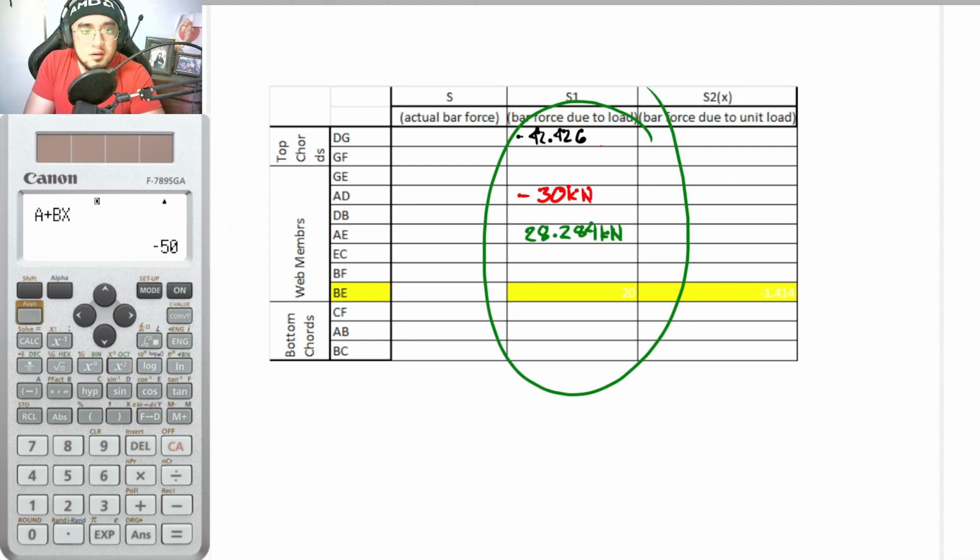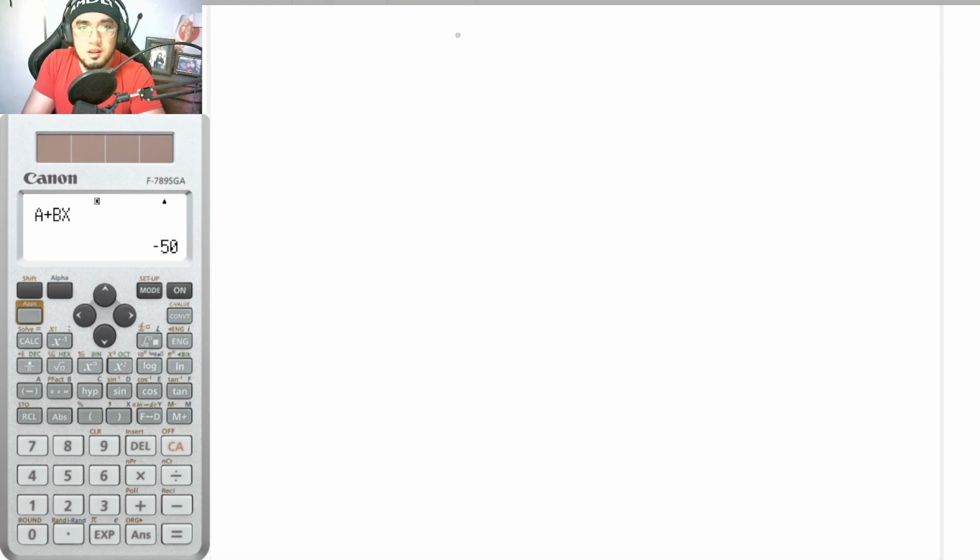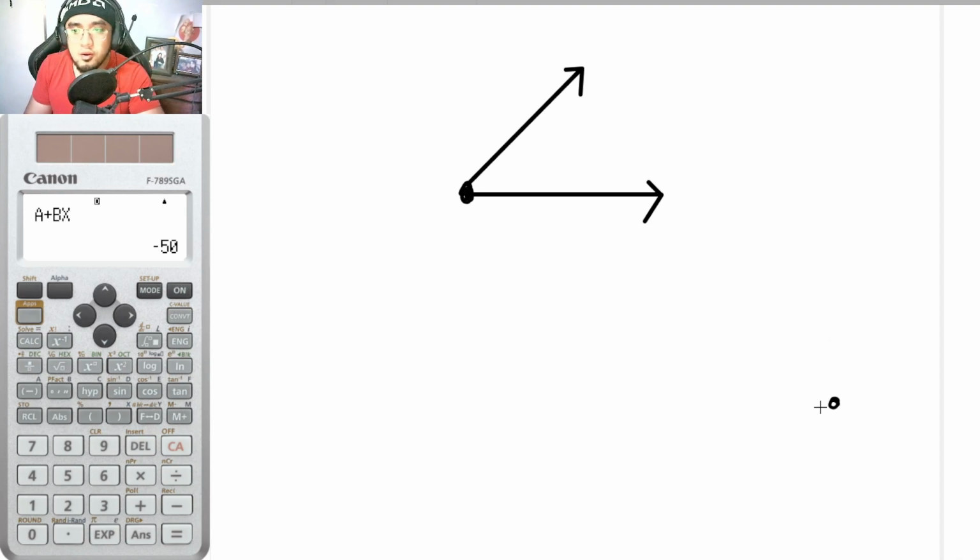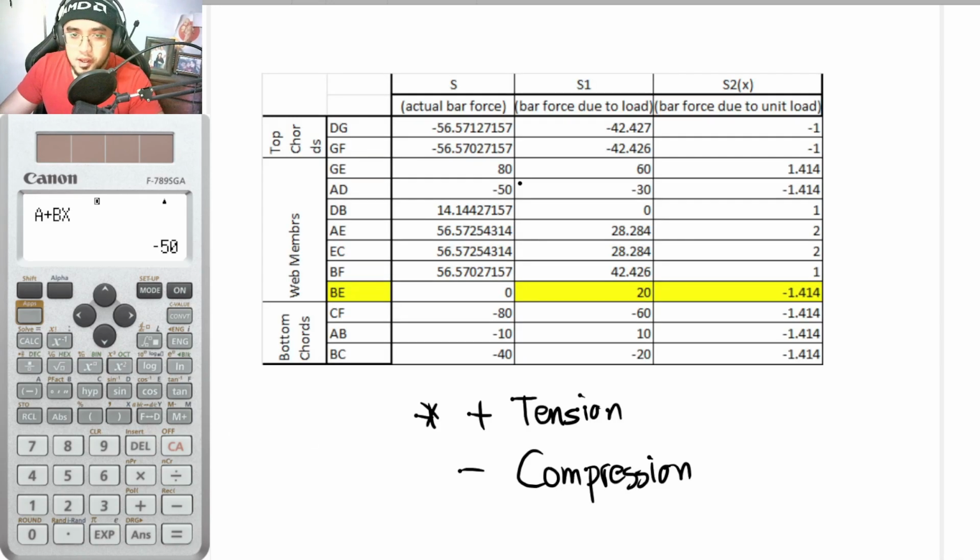Suppose that you have a certain joint. If you still do not know the bar force of this member here, always assume tension. When we say tension, it must be away from the joint. So if your joint is here and your bar force is here, always make sure that the arrowhead is pointing away from the joint. Making use of this method requires understanding of the method of joints.